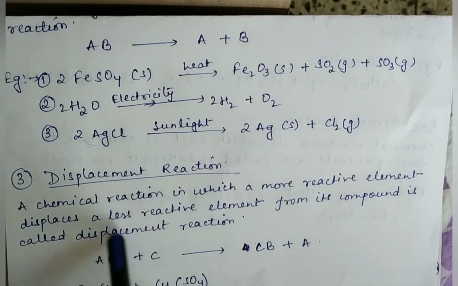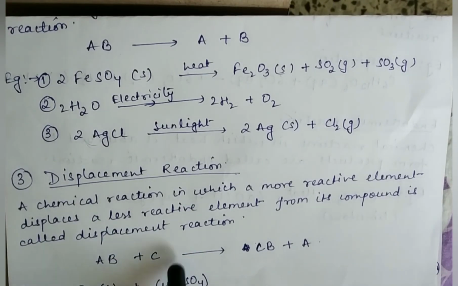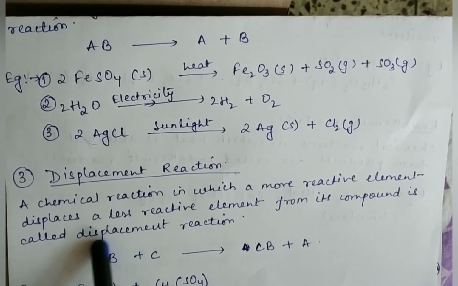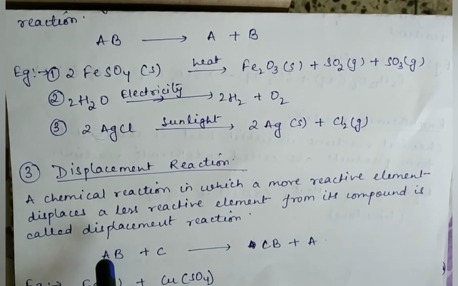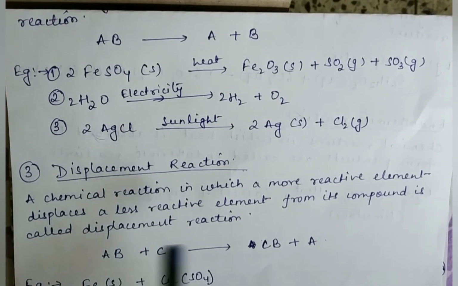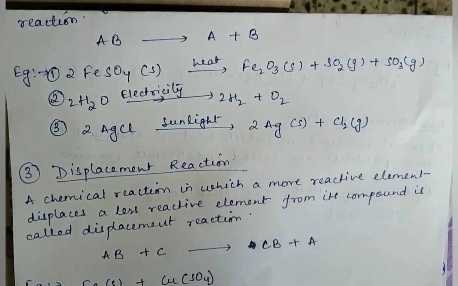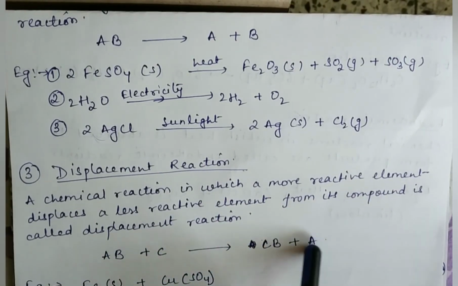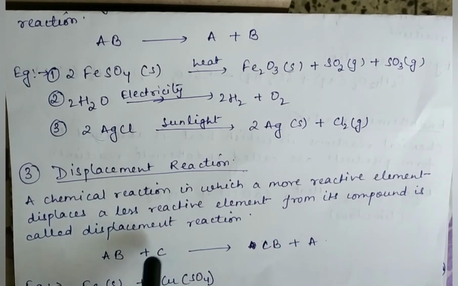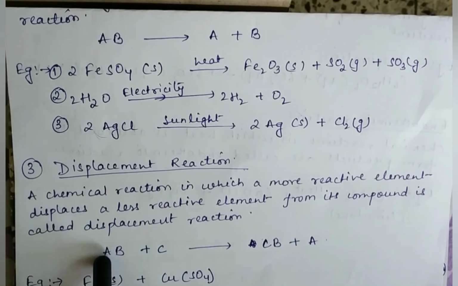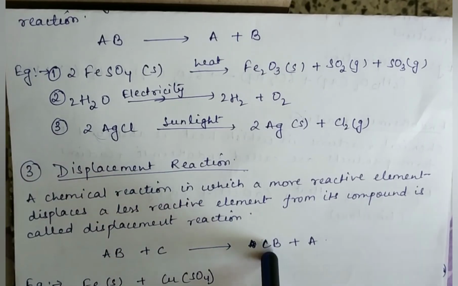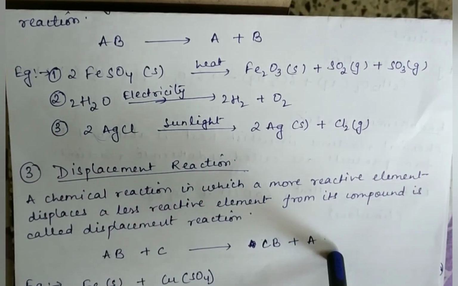So here the compound taken is AB and the element taken is C. If this element C is more reactive than the element A in this compound, then C replaces A and forms CB, and A is removed. So this is a general form representing a displacement reaction wherein C displaces A from AB and forms CB, releasing A.